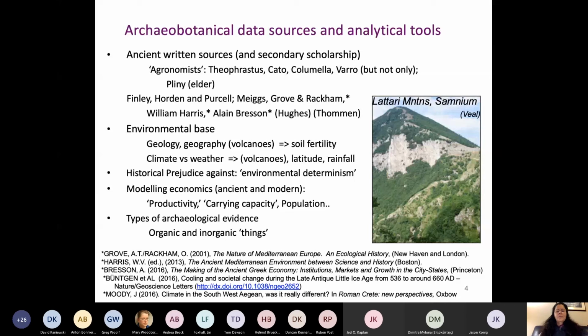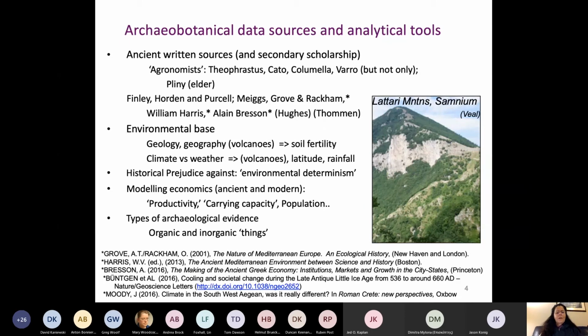Of these, they've been well and truly analysed, and I think well summarised by Meiggs in particular. The secondary sources are very helpful, particularly modern ones, so Grove and Rackham. And I really like Alain Bresson's Greek economy book.